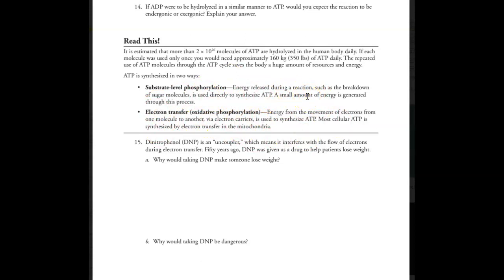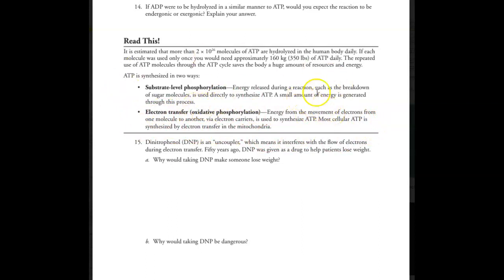Okay. So for question 15, it's going to interfere with the flow of electrons. Ooh, that sounds like the second one, oxidative phosphorylation. So why would it cause someone to lose weight? If it interrupts this, this form is no longer going to work. You cannot make any ATP through electron transfer, which means the only way you can make ATP is through substrate level.